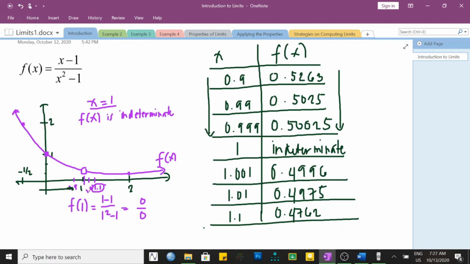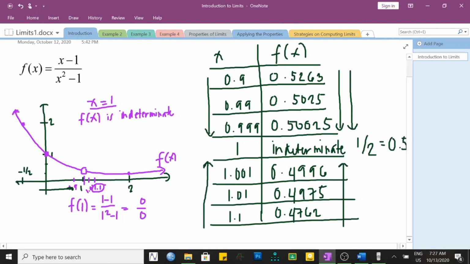Also, what happens if x is approaching 1 from the right side of it? What happens to f of x? Is it also approaching a particular number? In our case, yes. These numbers here seem to be approaching 1/2 or 0.5.